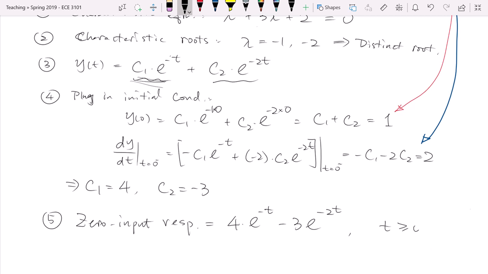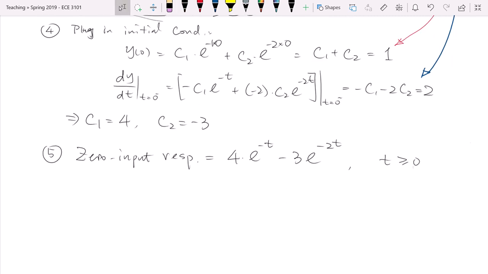And usually I like to point out that this is for t non-negative, right? This is after the initial condition, so t has to be greater than or equal to 0.